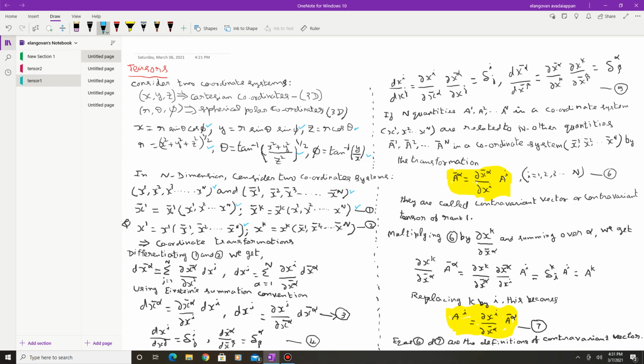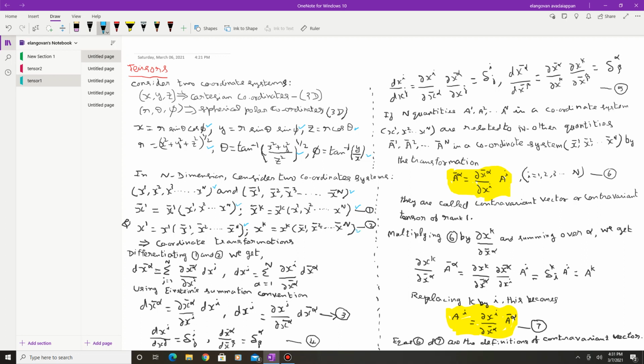So this x1, one of the coordinates in the unbarred system, is a function of the other coordinates in the barred system. So any coordinate xk in the unbarred system is a function of x1 bar, x2 bar, up to xn bar.